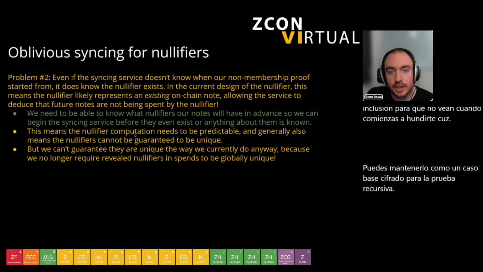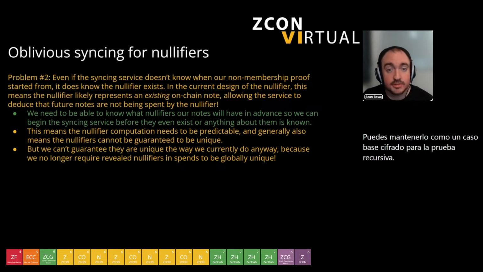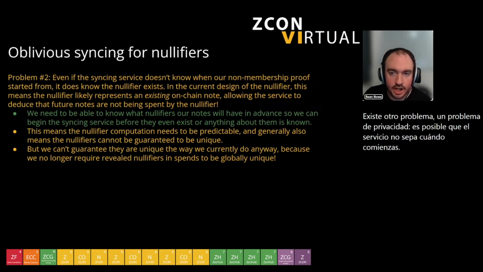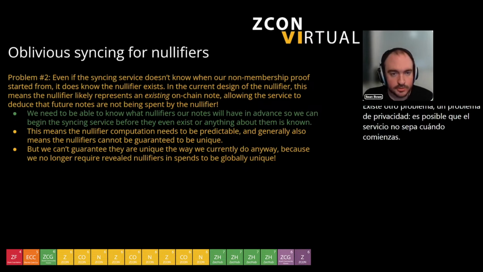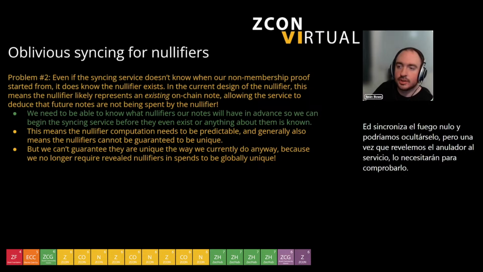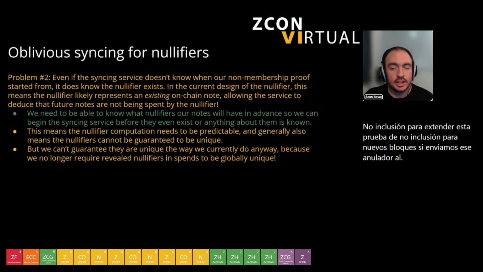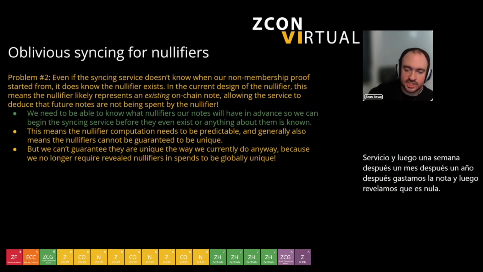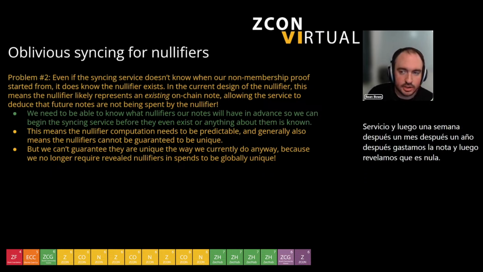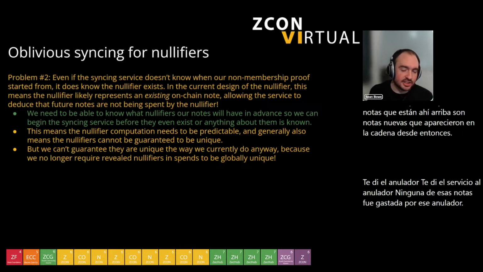There is another problem though, a privacy problem. So the service might not know when you started syncing the nullifier, and we might be able to hide that from them. But once we reveal the nullifier to the service, because they need it in order to check this non-inclusion proof, or to extend this non-inclusion proof for new blocks, if we send that nullifier to the service, and then a week later, a month later, a year later, we spend the note and then reveal that nullifier on chain, then the service learns that all the new notes that appeared on chain ever since I gave the service the nullifier, none of those notes were spent by that nullifier, which violates indistinguishability.